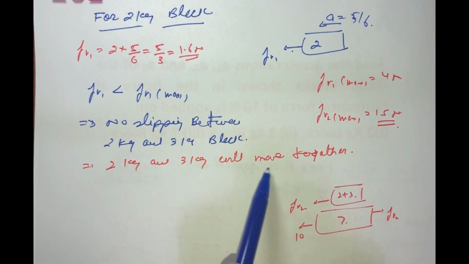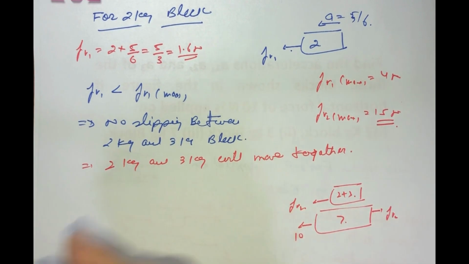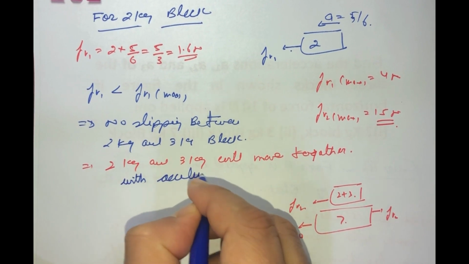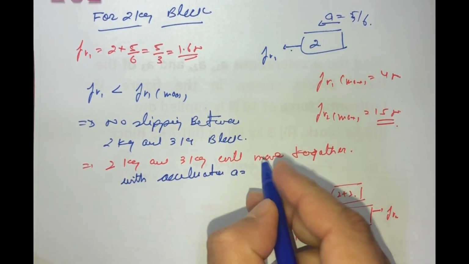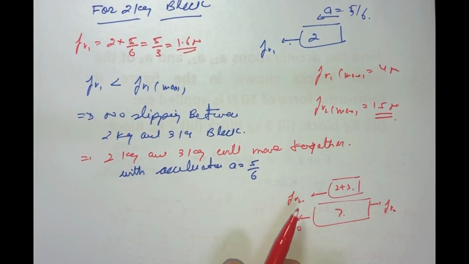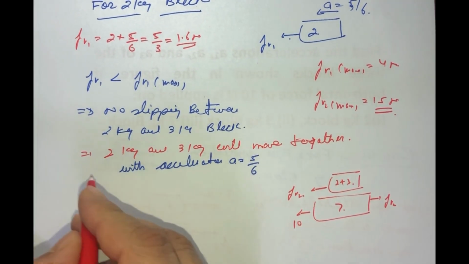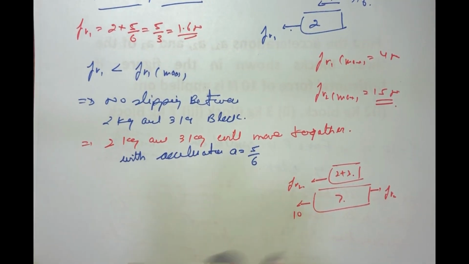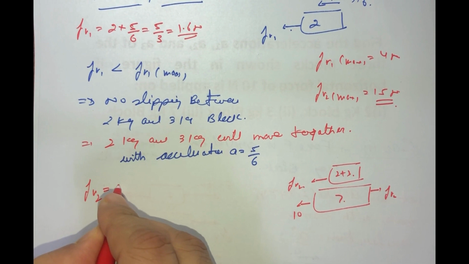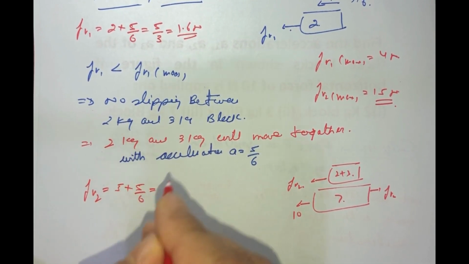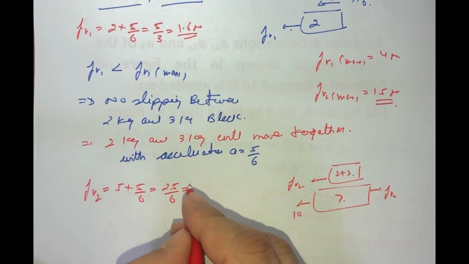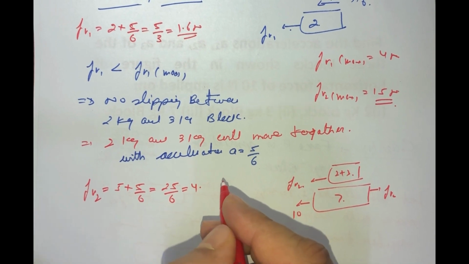So 2 kg and 3 kg will move together with acceleration A, which is equal to 5/6. So Fr2 will be equal to 5 into 5/6, which will be equal to 25/6, approximately 4.1 Newton.